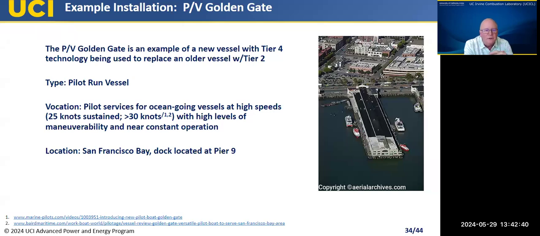This is designed for high speeds, basically moving pilots around. It's operating almost 24/7, so very effective with the typical diesel type engines. But now they're going with the lower emission technology. Next slide.